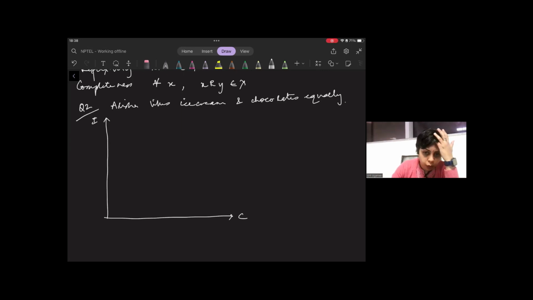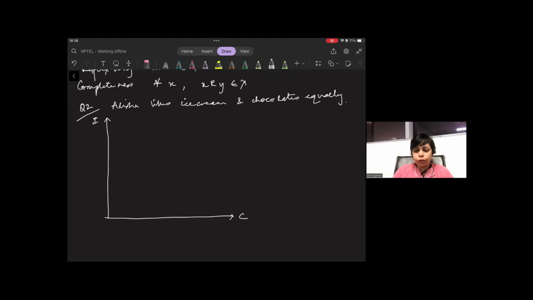Now, what happens when somebody likes two goods equally? You like two things equally, meaning you can easily use one or the other, and it doesn't make a difference to you, right? Instead of ice cream, I can eat chocolate also. Instead of chocolate, I can eat ice cream also. My preferences are that I'm indifferent between the two. So this is the case of what? That's a perfect substitute, right?